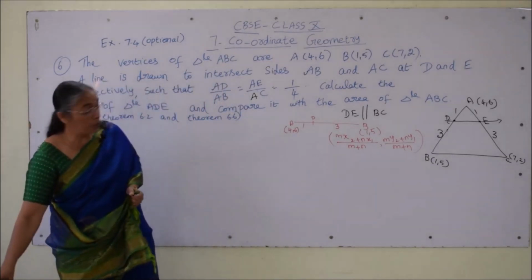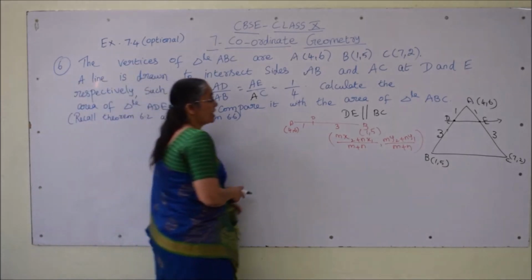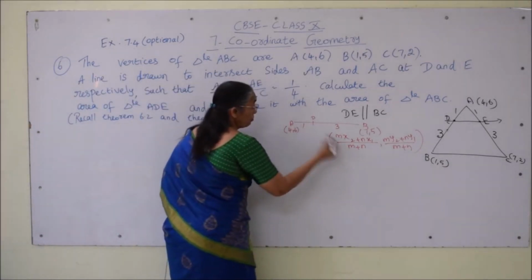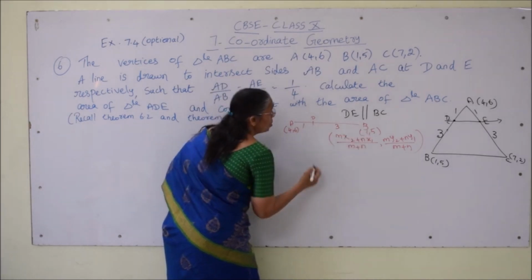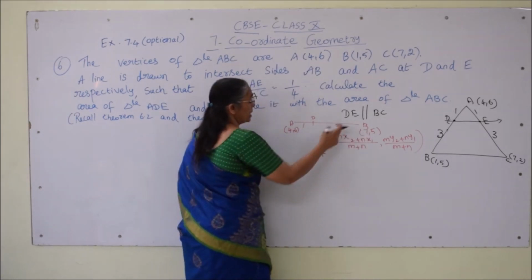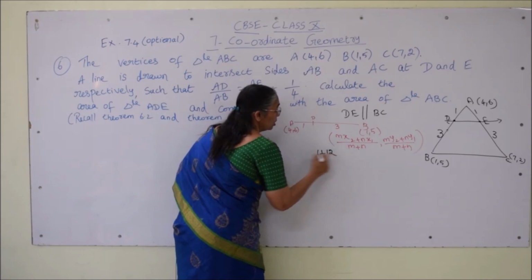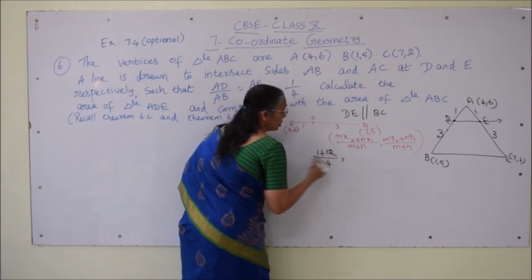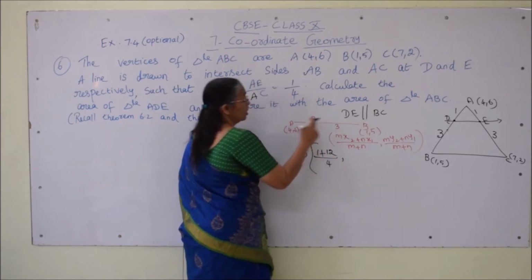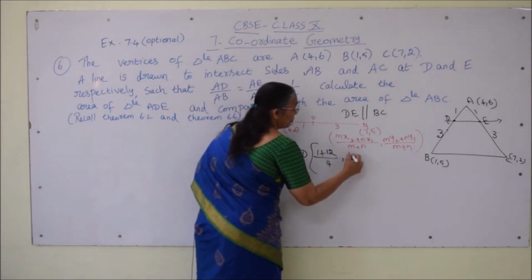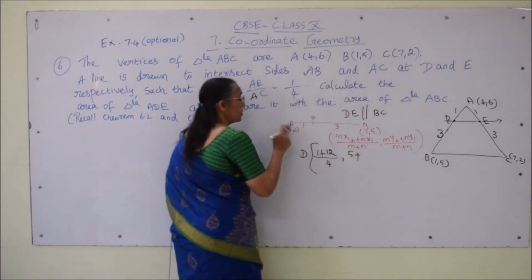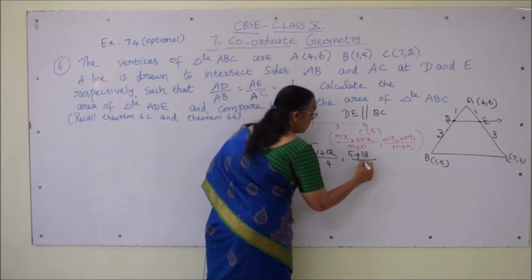So, using this we find the coordinates of D first. Coordinates of D are nothing but mx2, so 1 times 1 plus nx1, 3 times 4 is 12, by m plus n, 4, comma m into y2, 1 into 5 plus 3 into 6, 18, divided by 4.